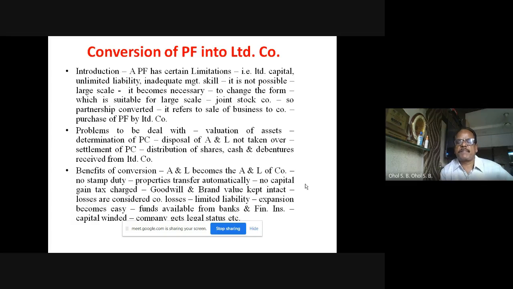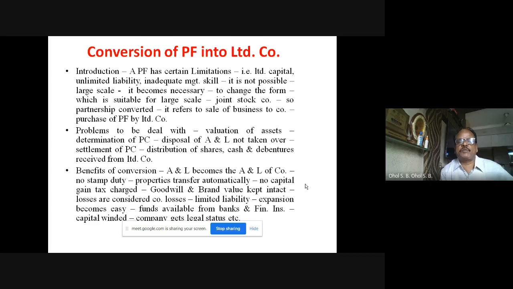Because now the members and shareholders are increasing, there is no loss to the financial institutions and banks when they provide huge loans or funds to the limited company.